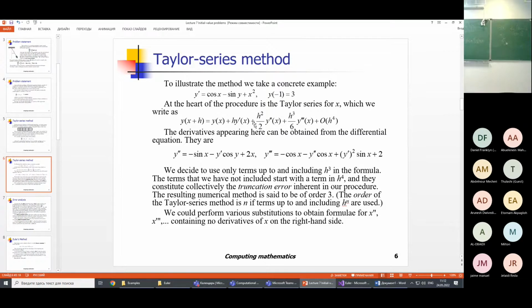This is Taylor's formula. This equality is exact. So the value of the function at the point xi plus h can be computed like this exactly.